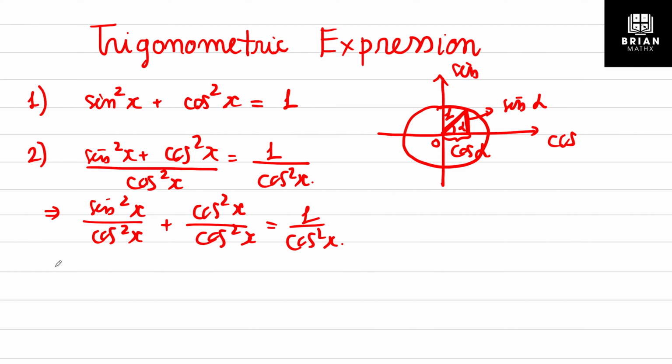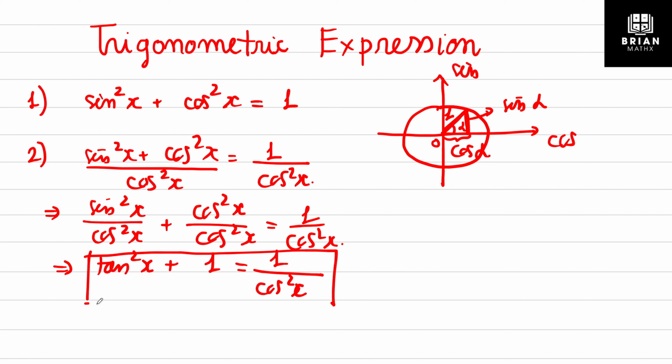I've got the second identity, very useful: tan square x plus 1 equals 1 over cos square x. This is the second identity. The first identity here, the second identity here.